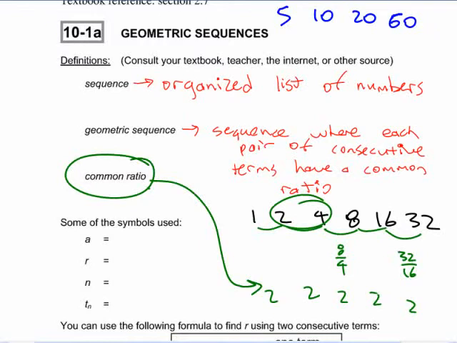If you look at any pair of terms there, what's the ratio between these two terms? Times 2, right? The ratio is 2 there. What's the ratio there? 2. So far it's geometric. What's the ratio here? 3. It's not geometric at that point anymore because it's not the same ratio every single time. Not geometric.